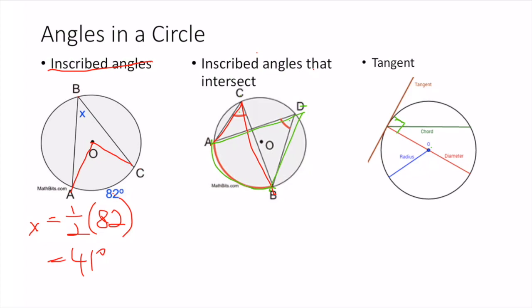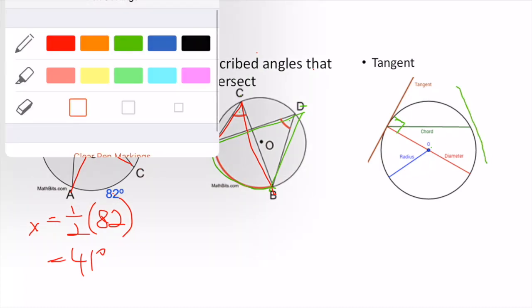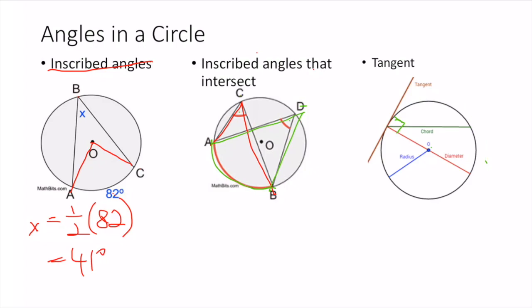All a tangent is, a tangent of a circle just connects at one point to the circumference. And any point that connects a tangent to the radius meets at a 90-degree angle.